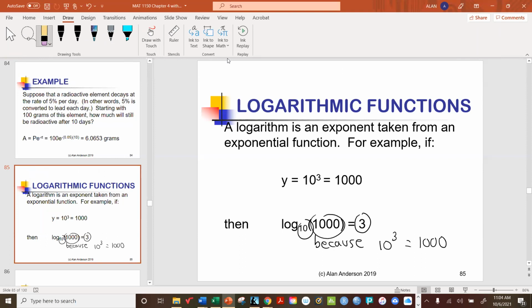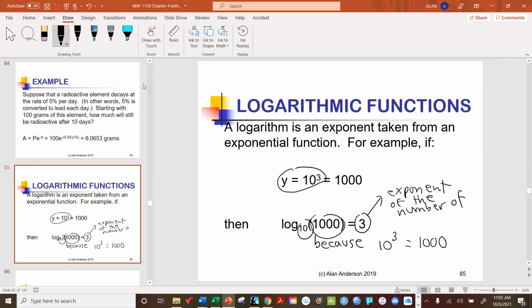If y is 10 to the third, the logarithm is essentially saying, whatever this number is, what is the exponent of 10 that this number is equal to? So this is the exponent of the number we have. You can think of it as a way of finding the correct exponent. Here, for example, 10 to the third is 1,000.